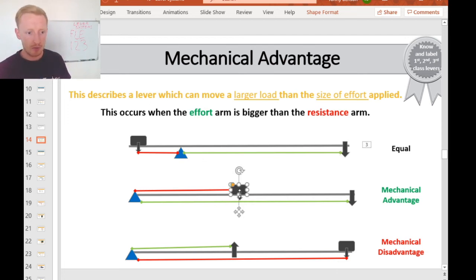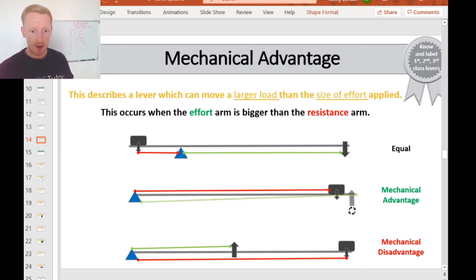If we were to move FLE 123, if we were to change the shape of this second class lever system, even if the load was all the way up the other end of the plank and we applied a force upwards, well, we still got a bigger effort arm than we have the resistance arm. So we're still going to be able to move more weight than we actually need to apply force into the lever with.